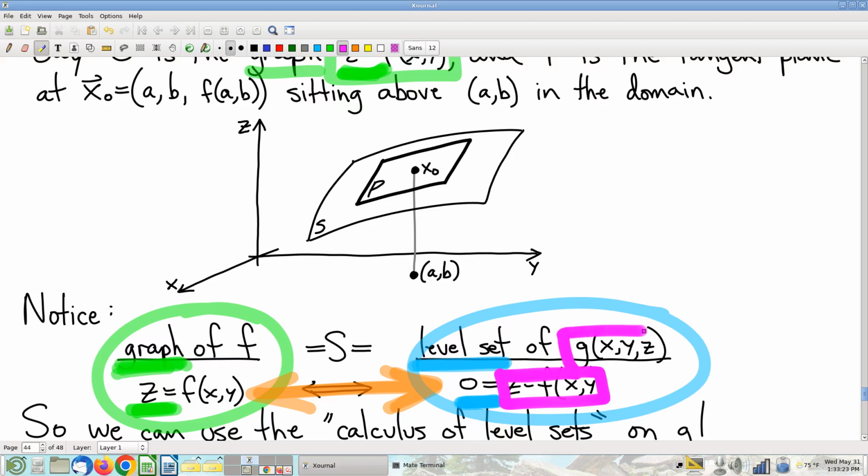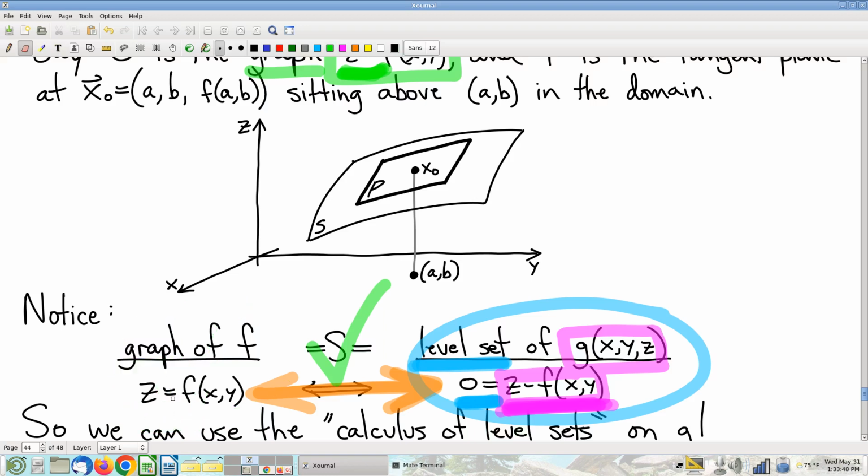To be fair, sure, this is a new function called g. It's not the same as f. But you can apply the calculus of level sets to this function in purple. And it will apply to the surface that you're interested in, even though the surface originally came to you in a different form. It came to you as being a graph of some other function, but you discard all that and just reinterpret it as being a level set of this function.